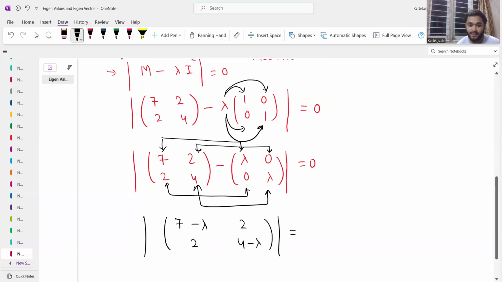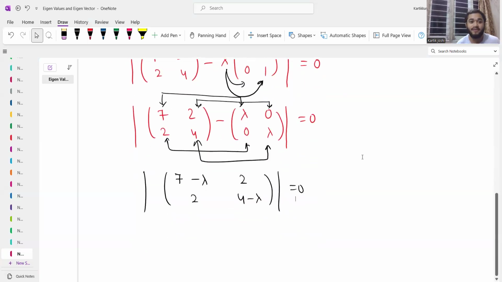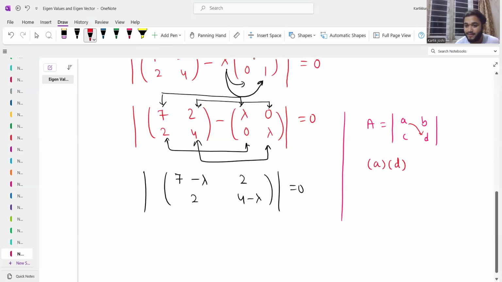Now it's time for the determinant. For finding the determinant, I will give an example. Let's suppose A is equal to small a, b, c, d, and we are going to find the determinant. First of all, you have to multiply a into d, and then multiply c into b, and then subtract.